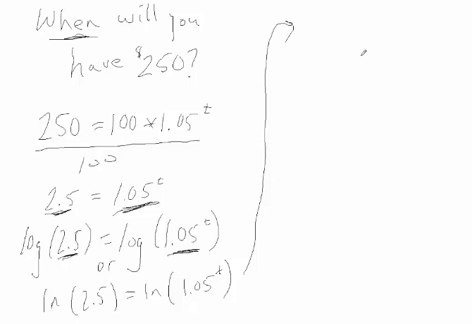So let's do it with log. If I've got log 2.5, on the right side, what happens if we have an exponent within the value that we're finding the log of? The exponent comes outside.